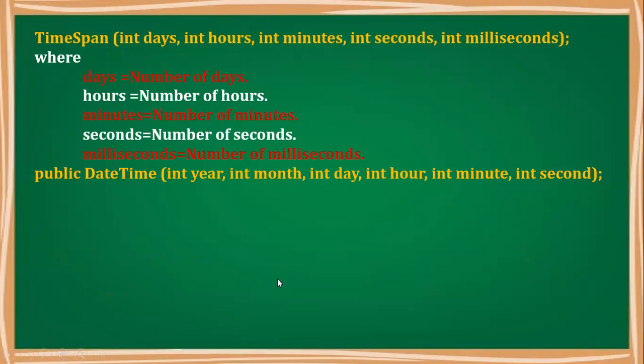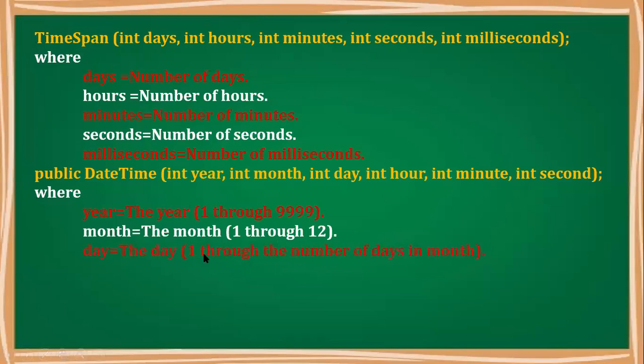Next, public DateTime gives you a constructor which accepts the year, which is 1 through 9,999. Then month, obviously, will go from 1 to 12. The day will go up to the number of days in the month.